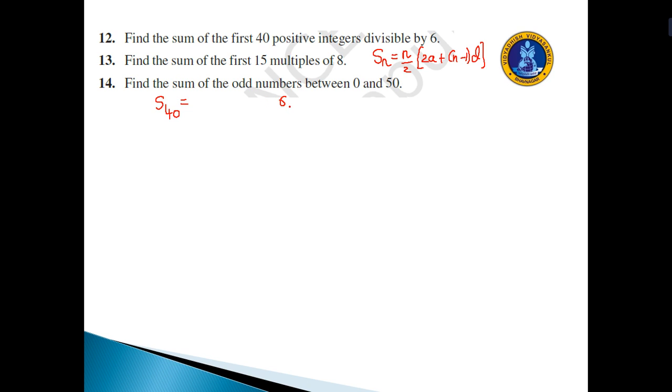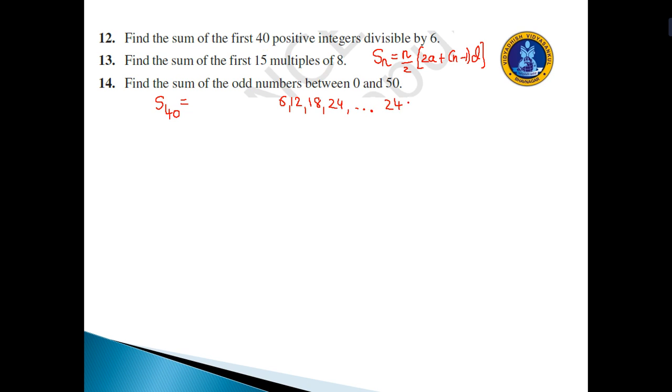So 6, 12, 18, 24, the table of 6 up to the 40th term.